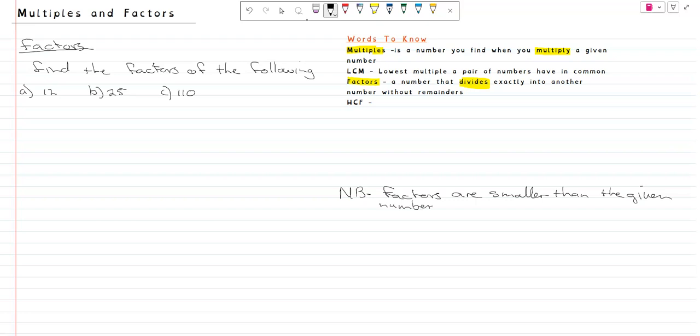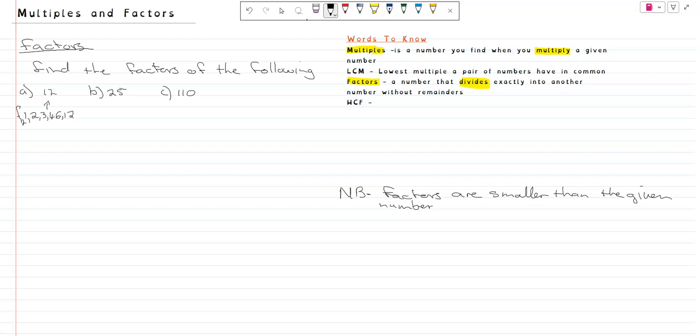Okay, very important to remember. So let's look at 12. What can go into 12? 1 can go into 12 because 1 times 12 is 12. 2 times 6 is 12, and 3 times 4 equals 12. So these are the factors of 12.